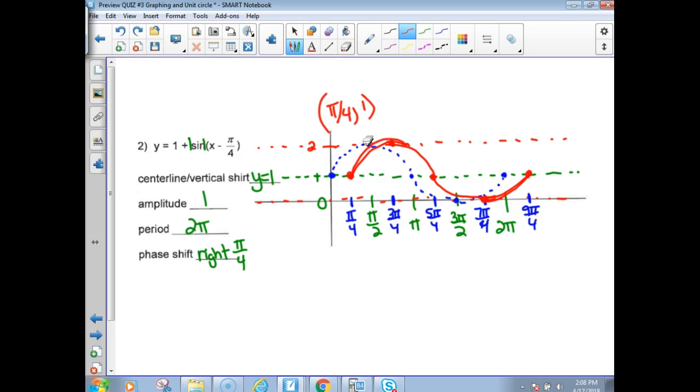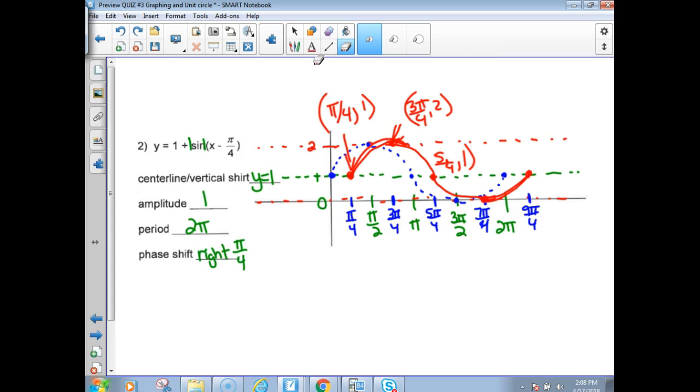1. I just wrote it up there. This one is 3 pi over 4, 2. And this one is 5 pi over 4, 1. 5 pi over 4. I don't know what I wrote for pi, very strange. Let me try to fix that.